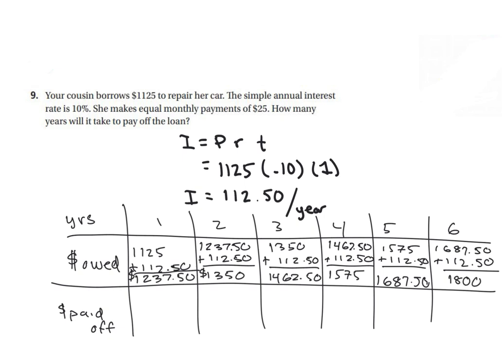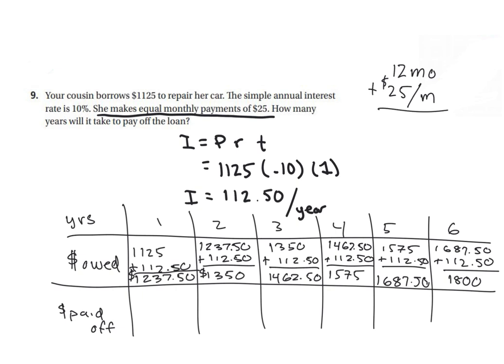So now let's think about how much money we're going to pay off. She's going to make equal monthly payments of $25 per month. 12 months in a year times $25 per month.